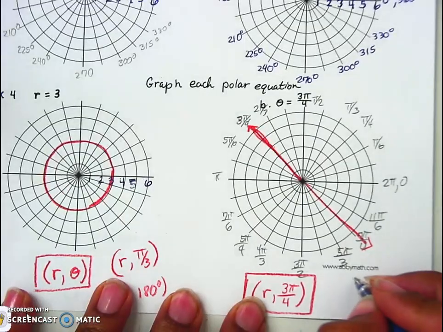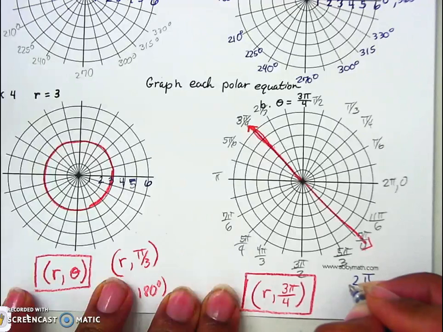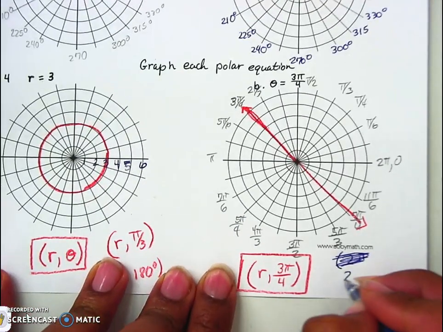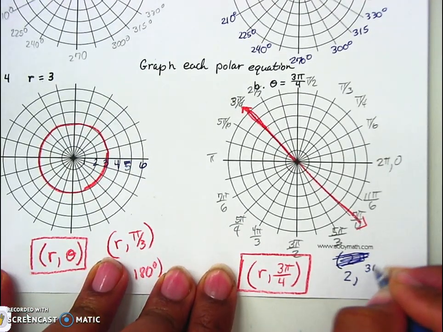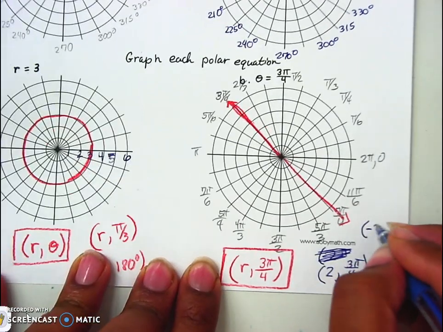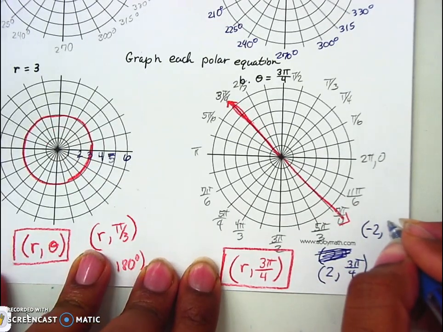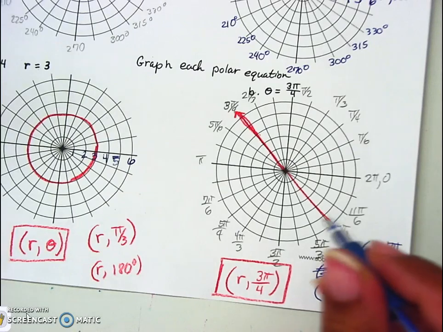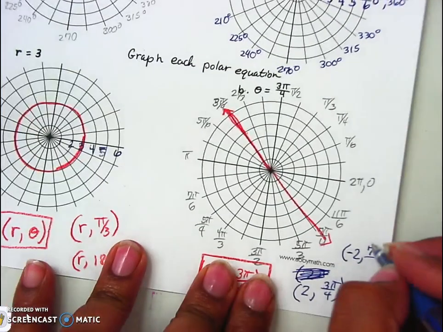So you could have a positive 2 for the r. We can have 2 and then 3 pi over 4. But we also could have negative 2 and have 7 pi over 4. No, sorry. Nope. Take that back. No, it's negative 2, and then it would still be 3 pi over 4. My fault.